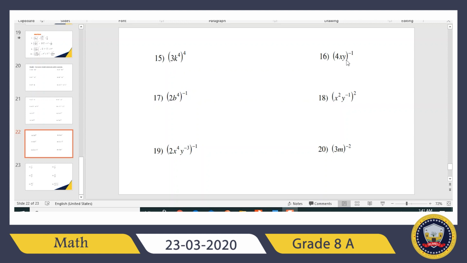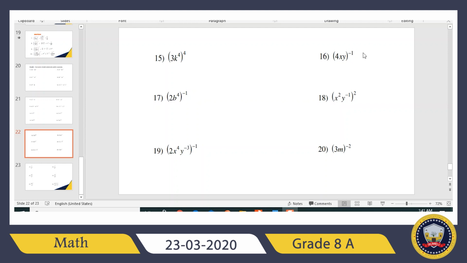(4xy)^-1. As if I'm saying 4 to the power of 1, x to the power of 1, y to the power of 1, all to the power of negative 1. So I said before, I cannot leave a negative power. I have to write its reciprocal, or I have to write them in the denominator.